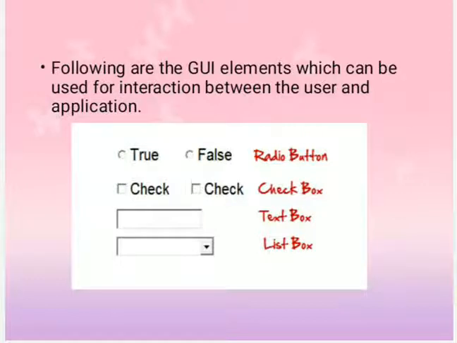Following are the GUI elements which can be used for interaction between the user and application. Here we can use text boxes, checkboxes and radio buttons for the interaction between the user and application.